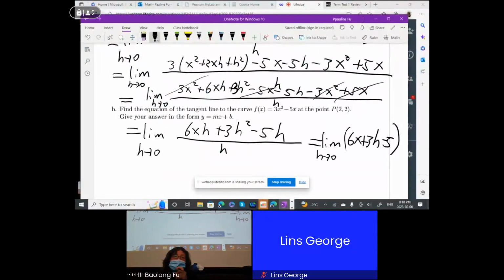Each item divided by h. And now you got the result. Plug in h equal to 0, you get 6x minus 5.